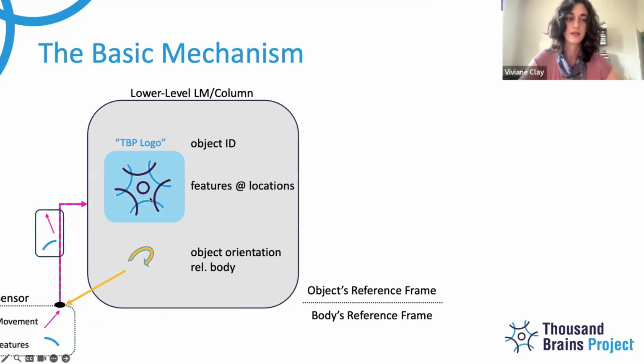And then they go into the lower level learning module or column, and the movement moves you through the object's reference frame. So you might be thinking you're in the middle of the logo and then a movement arrives and now you expect to be up here. And then the feature is either laid down here when you're learning or compared to what's stored there. And that way you can do inference.